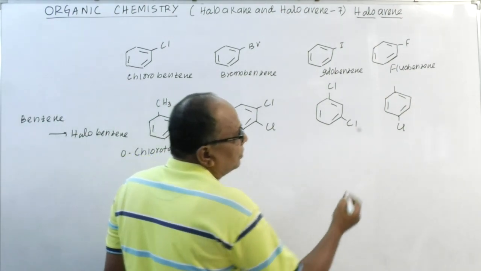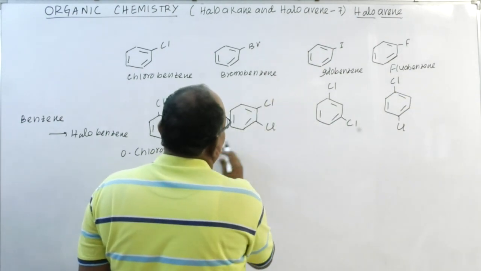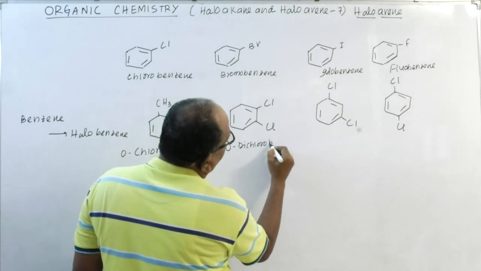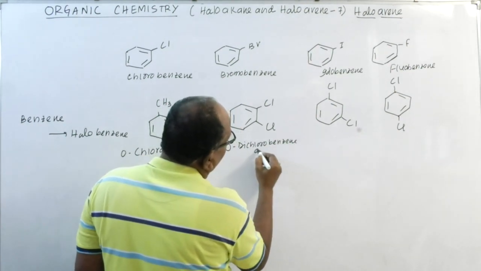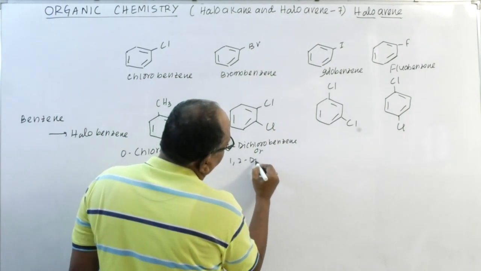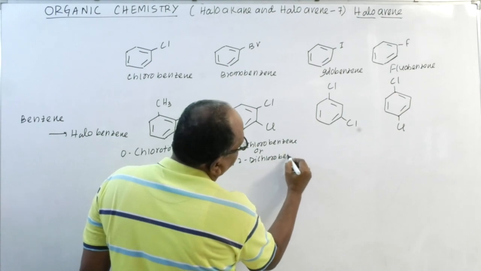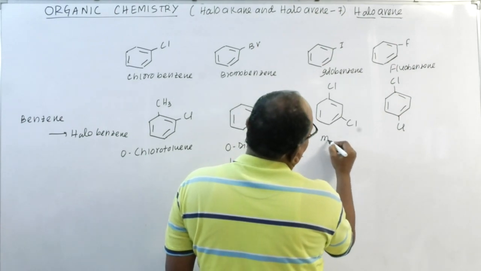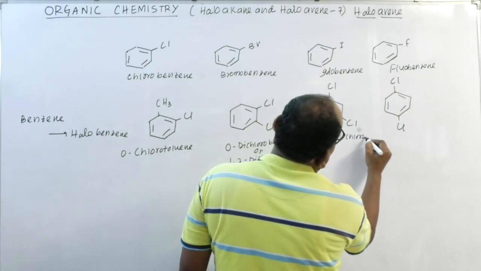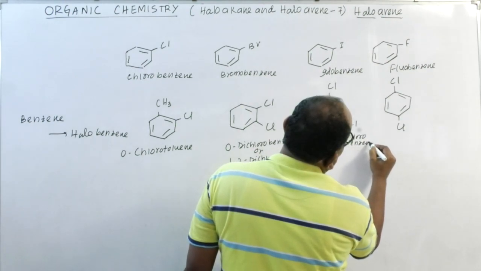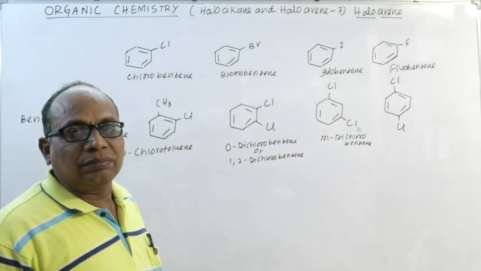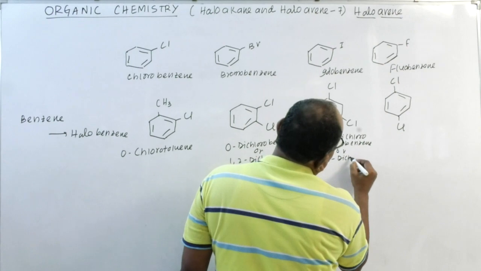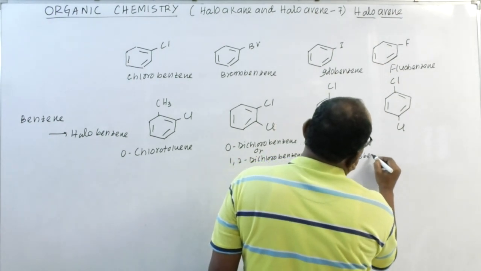This is a dihalogen derivative, called ortho-dichlorobenzene, or you can say 1,2-dichlorobenzene. Similarly, we can say this is meta-dichlorobenzene, or 1,3-dichlorobenzene.